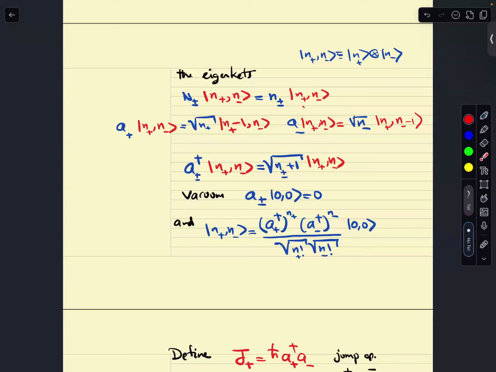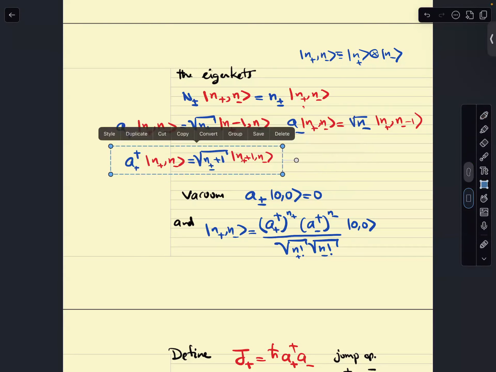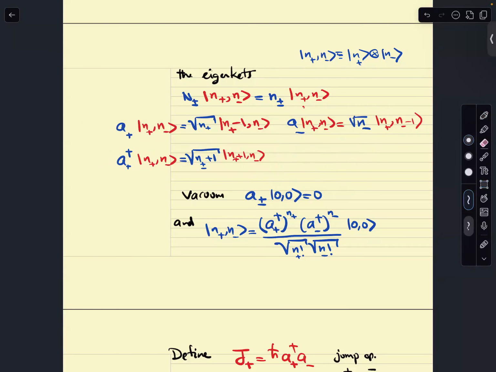Are these two relations familiar? This is what we had for two simple harmonic oscillators. Let me fix this equation as well. So this is a raising operator. This is how it acts. And I have to erase the minus sign.